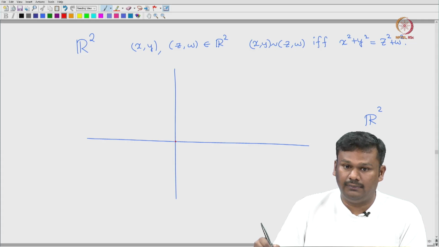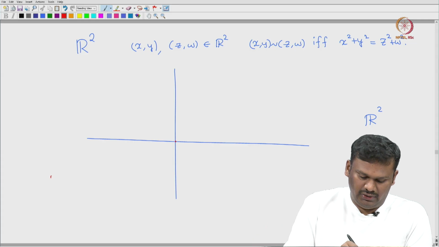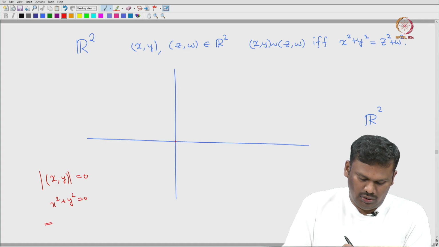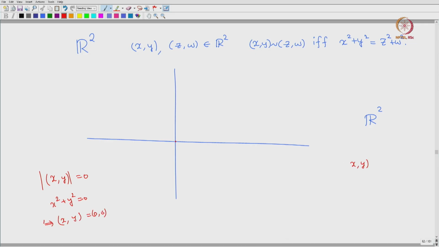If (x, y) has norm 0, that means x² + y² is 0, which implies that both x and y are 0. Indeed, if and only if. So we have this singleton {0} as the equivalence class of 0.